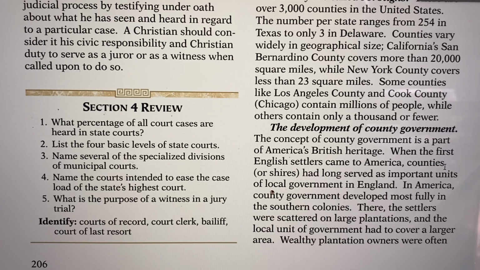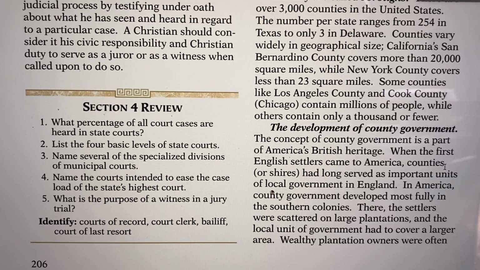Then it goes up to the general trial courts, where they have the trials. That's the second level. Then they go to the state court of appeals, for cases that have been appealed because they may have a problem in their verdict. And the last resort is the Supreme Court of that state.